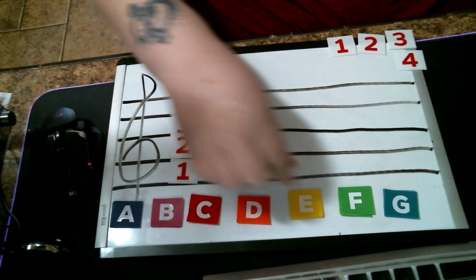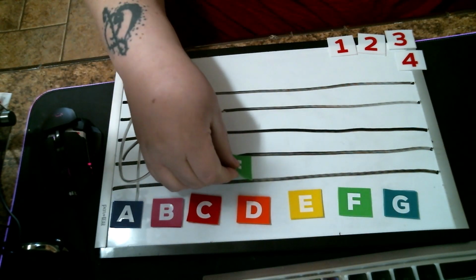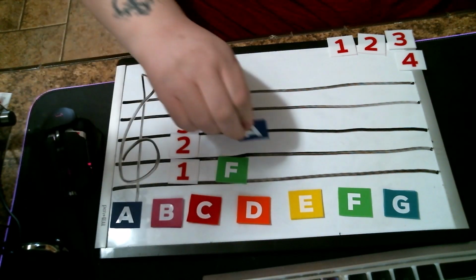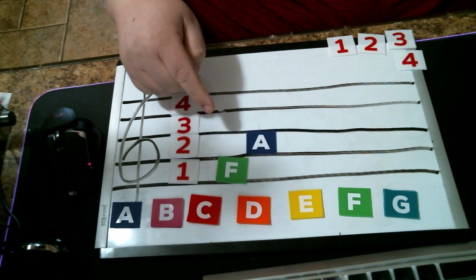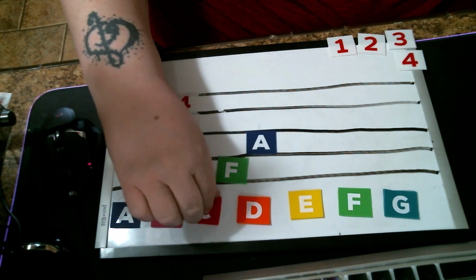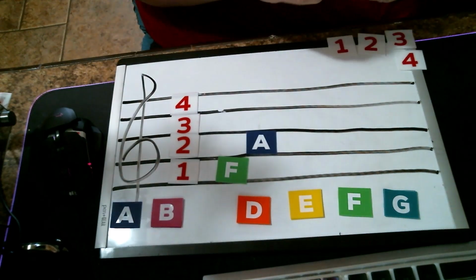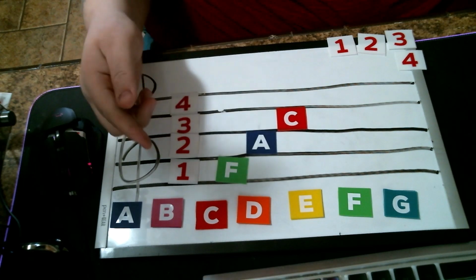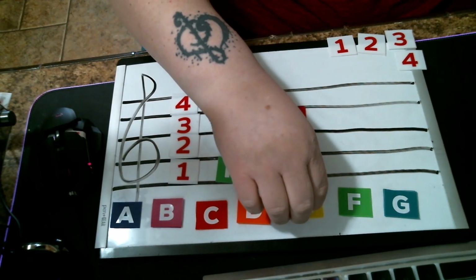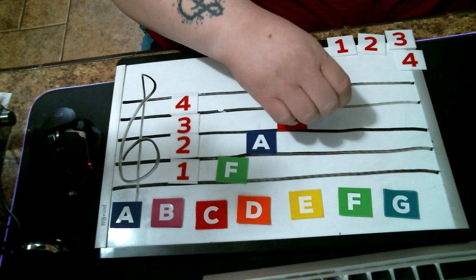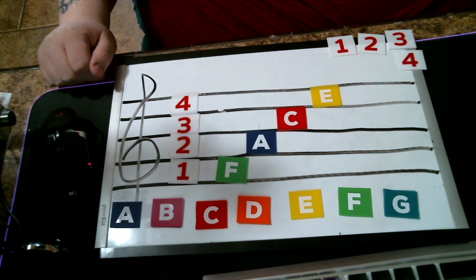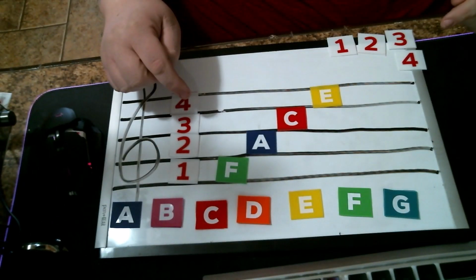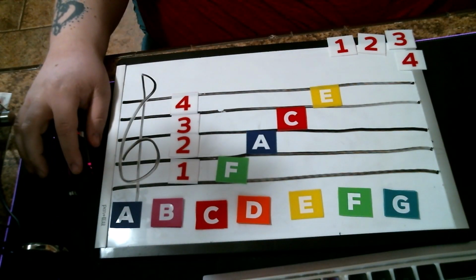Our bottom space is F. Our second space is A. Third space is C. And our fourth space, our top space, is E. Now, if you look at this really close, you'll notice it spells a word. F-A-C-E spells face.